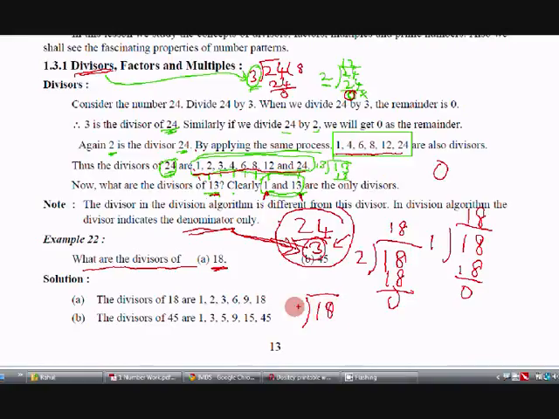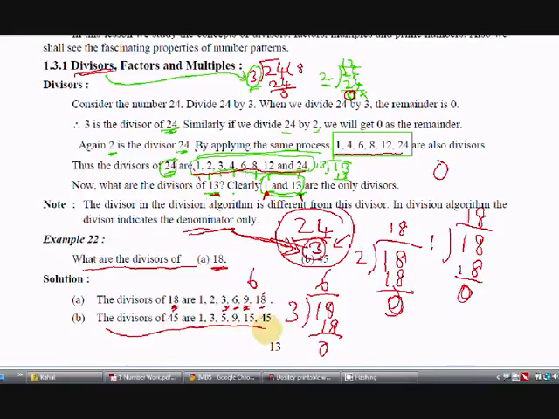Does 3 divide 18? Very good. 3 sixes are 18. But we should get the remainder as 0, not a fraction. Likewise, we get 6, we get 9 and 18. So, how many divisors did we get? We got 6 divisors for 18.